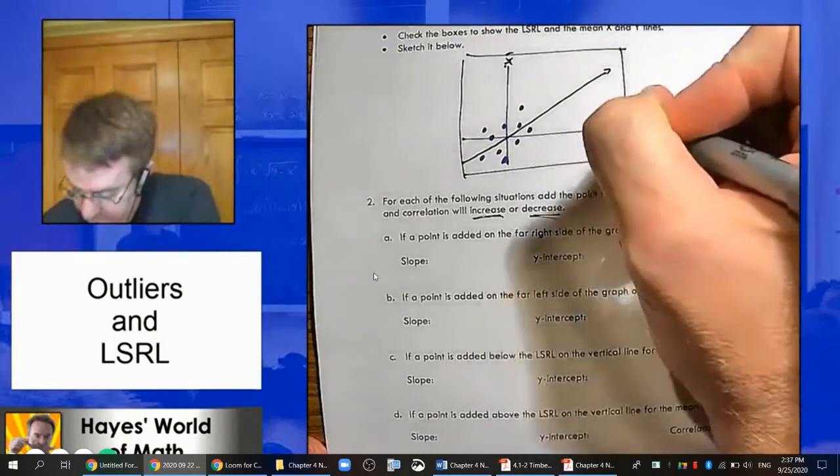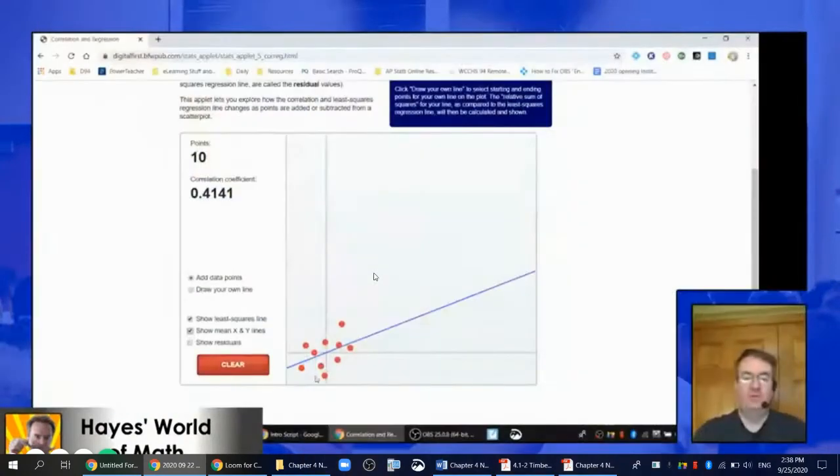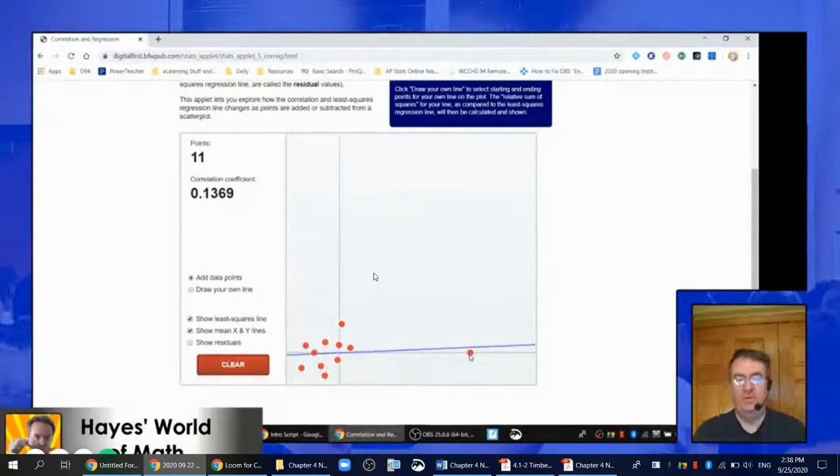So we're going to add one way over to the far right-hand side, call it A, and let's see what happens. If we go way over to the right, notice the correlation dips quite a bit, going from 0.4 down to 0.1. The other thing that obviously happens, and by the way, if you click on the points themselves, it'll remove the points, so you can go back and forth, is that the slope is changing, as well as your y-intercept.